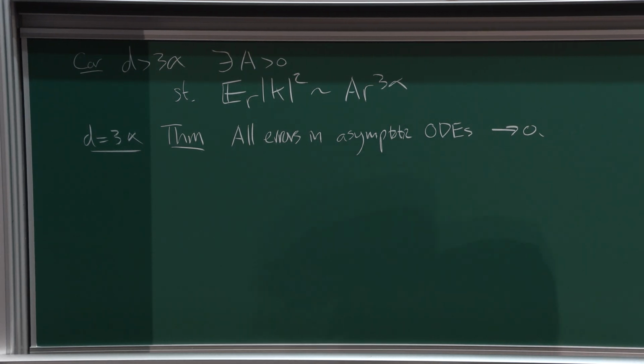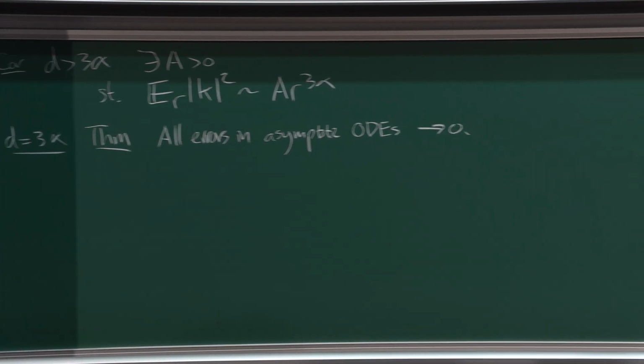So the analysis in the critical dimensional case is sort of two-step. You first have this purely qualitative, ineffective argument that tells you that the errors go to 0. But then once you know the errors go to 0, you're in a position to start computing things, right? Because you can do stuff with these asymptotic ODEs.